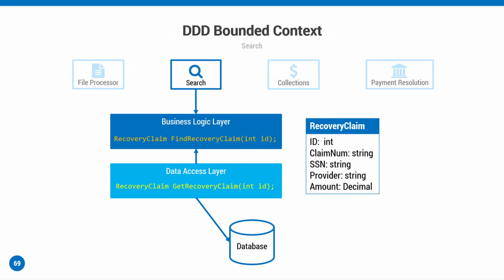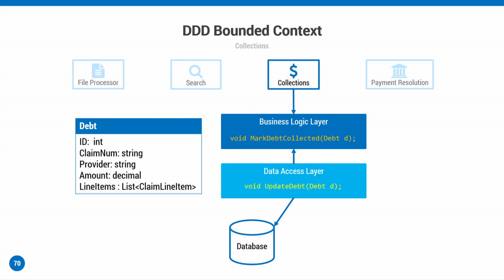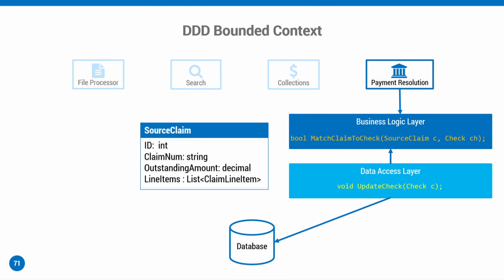A claim is a claim is a claim. Doesn't really map particularly well when all I'm interested in is this, right? I have to do this big heavy lift in the old monolithic model as opposed to being able to divide it out into something smaller and more concise. Collections, right? Debt. We want to know about the amount and the person we're trying to collect from. Payment resolution, kind of the same way.